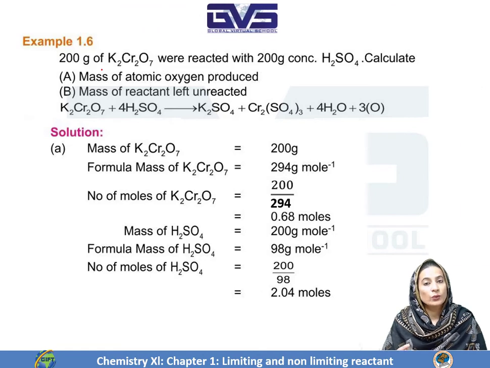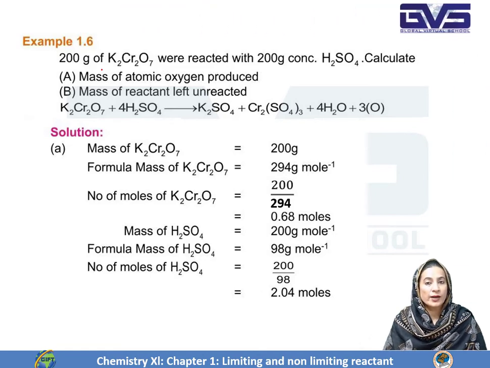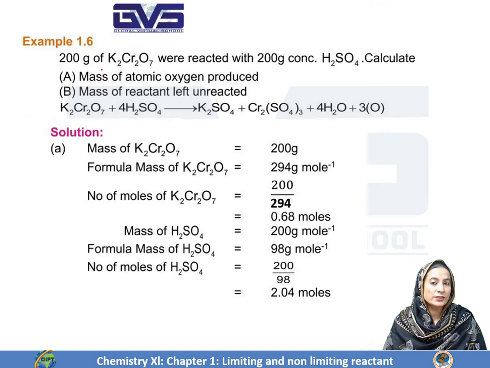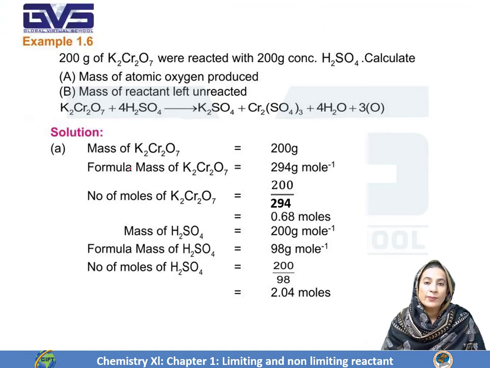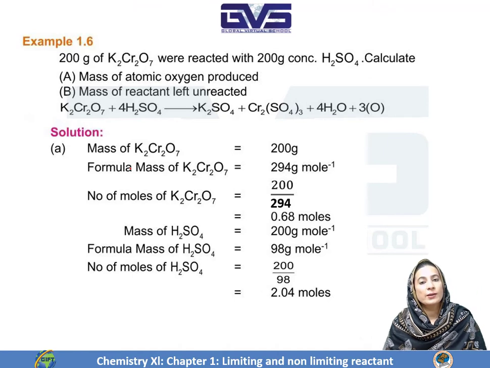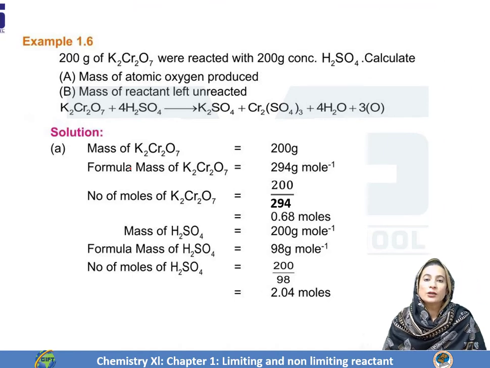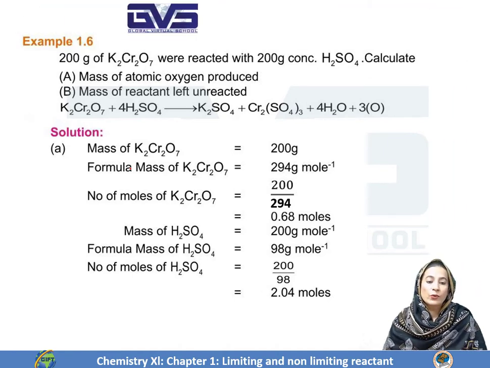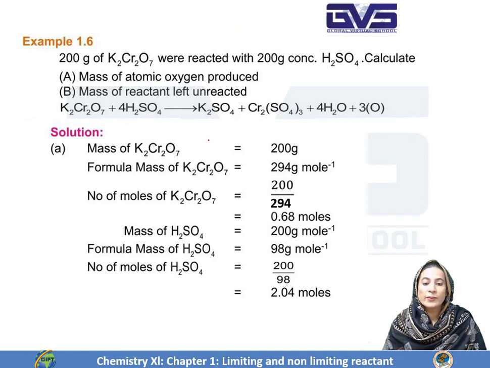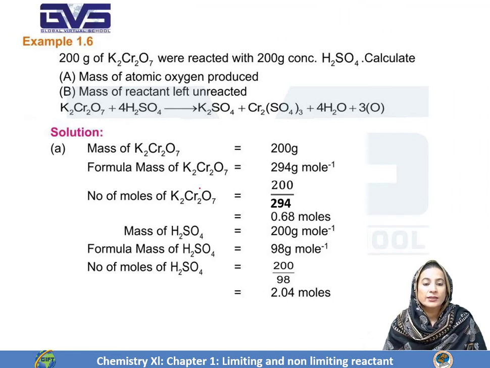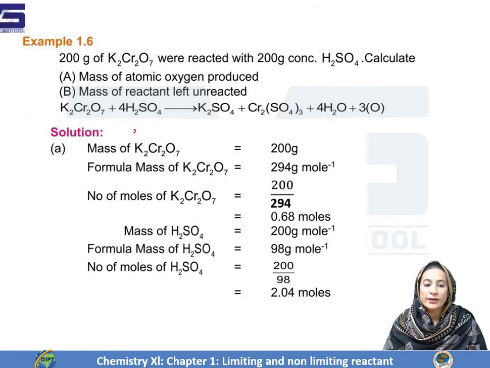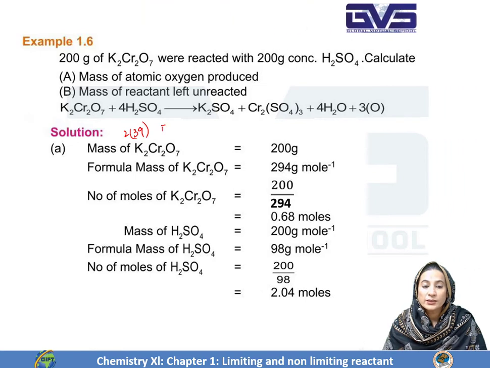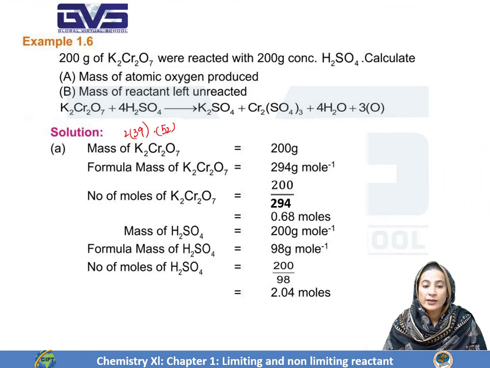So here are two types of reactant, and their mass is given. So first step is convert them into their moles. And the formula applied is: mass in gram divided by molar mass of that substance, that will give you moles. Mass of potassium dichromate is given, 200 gram, and its molar mass you have to calculate. Potassium, you know, its molar mass is 39, and here are 2. Chromium, its atomic mass is 52, and there are 2.